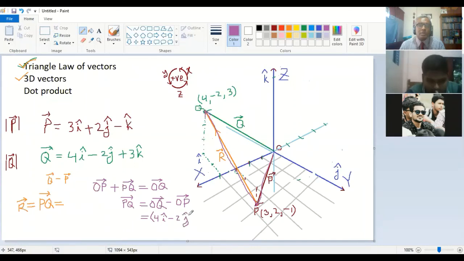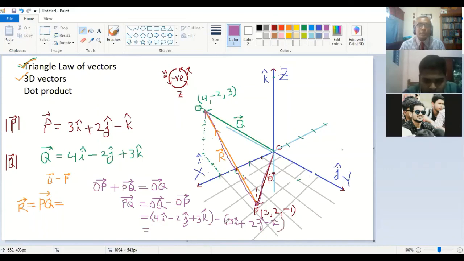Already you have this vector. And then minus, you write down the P vector, that is 3i plus 2j minus k. Then you just do the minus.